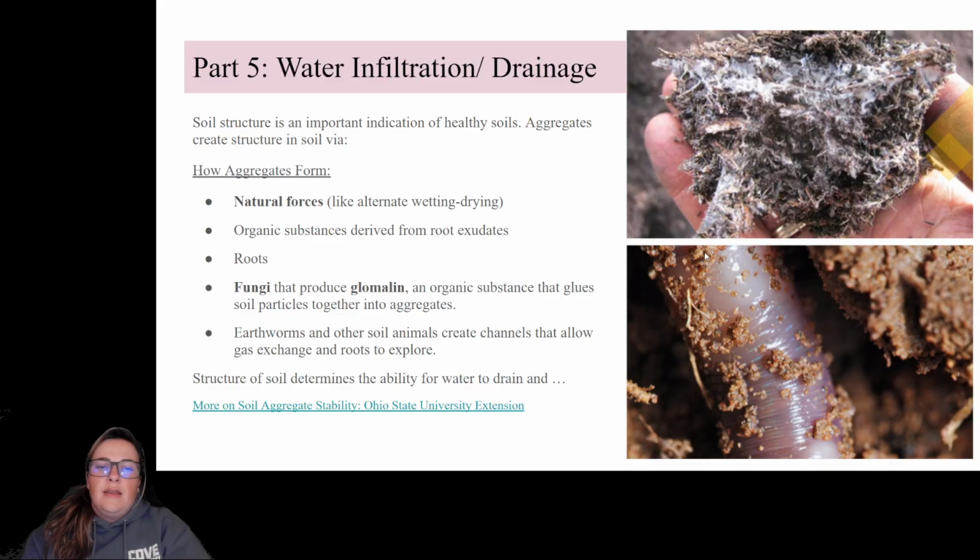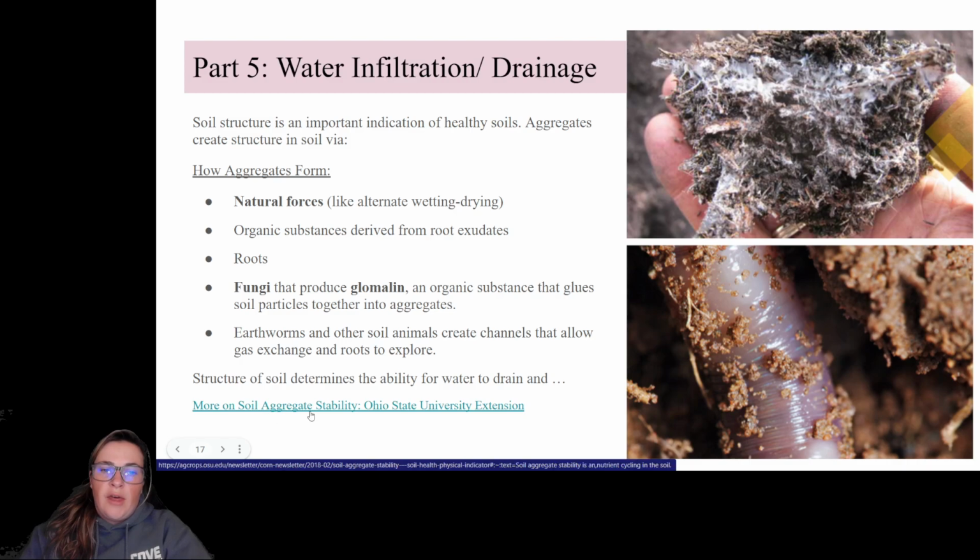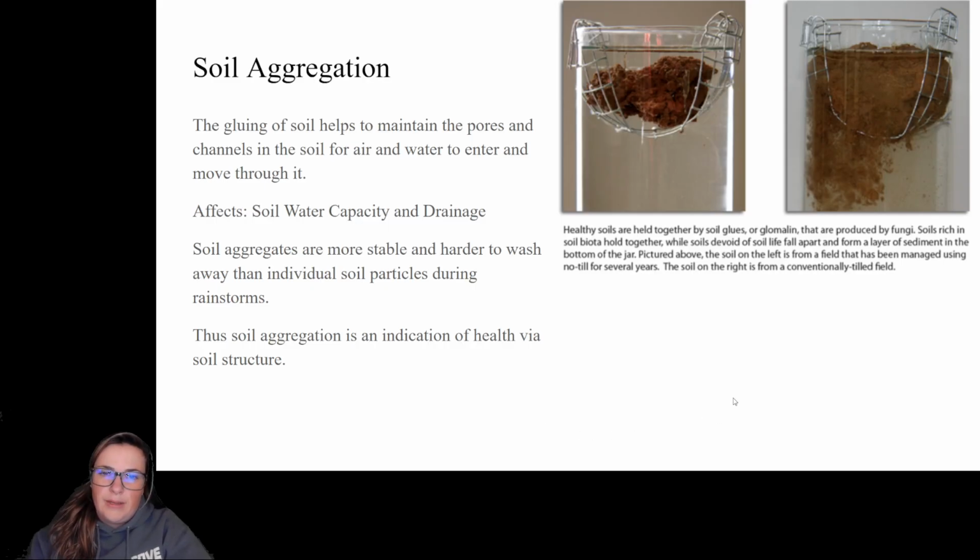So the structure of a soil will determine the ability for water to drain, but it will also be a sign of health to prevent erosion as well. That's what I'm trying to say. There's also a really nice article here on soil aggregate stability from the Ohio State University Extension.